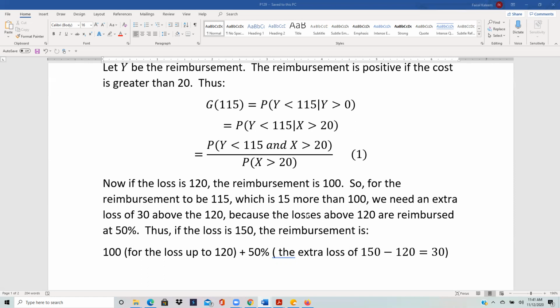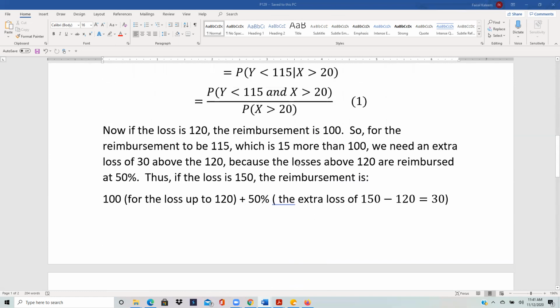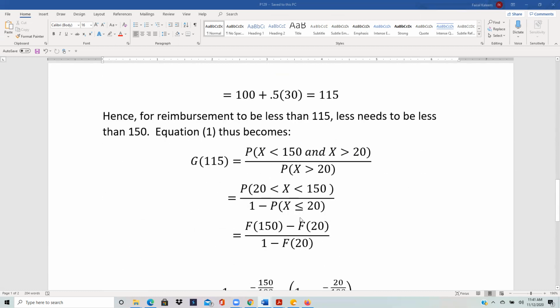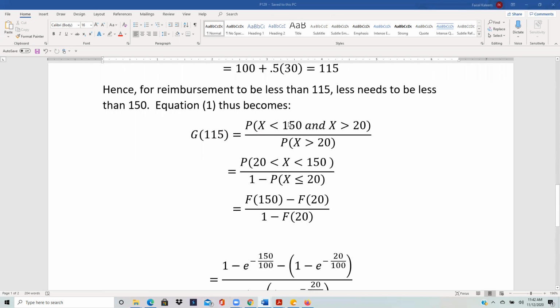To summarize, the reimbursement will be less than 115 if the cost is less than 150, because a cost of 150 corresponds to exactly 115 reimbursement according to the conditions. So Y less than 115 becomes X less than 150. And then we combine these two, X less than 150 and X greater than 20, meaning X is between 20 and 150.